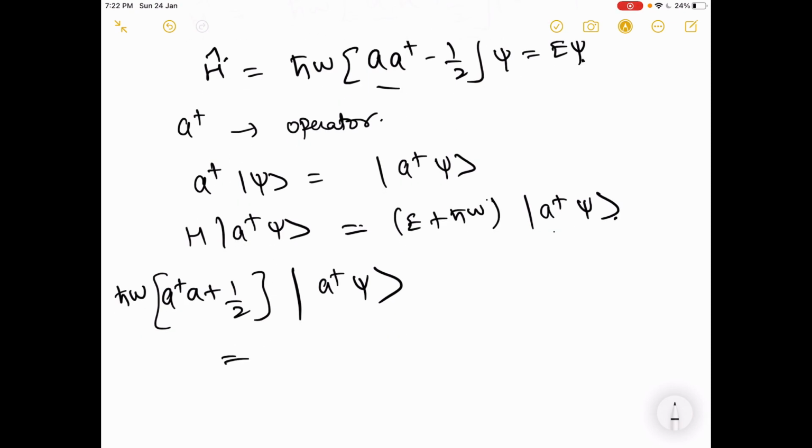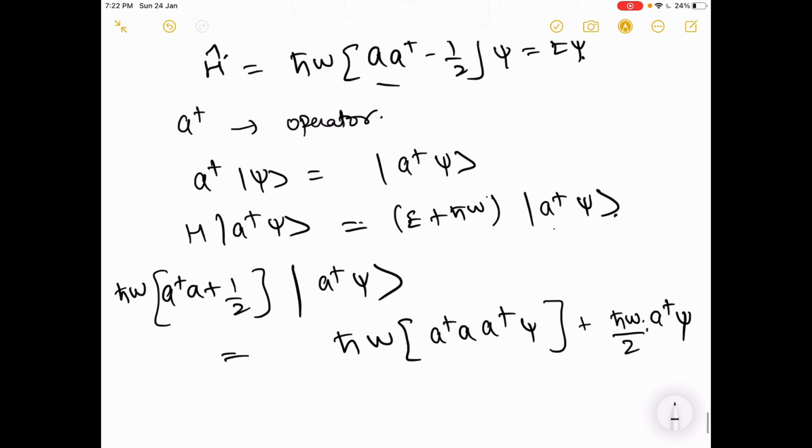I can bring this inside, so I get h cross omega a dagger a a dagger psi plus h cross omega by 2 a dagger psi. I'm just expanding the brackets here.